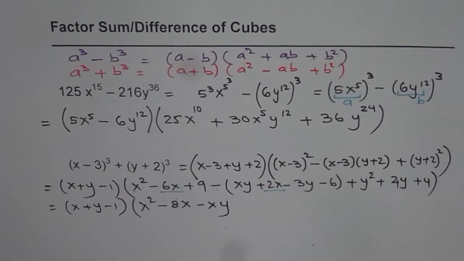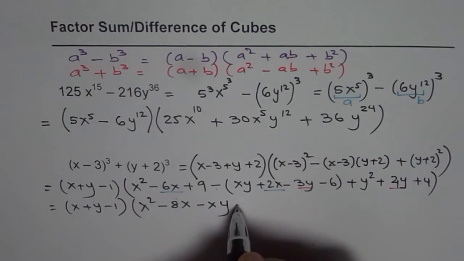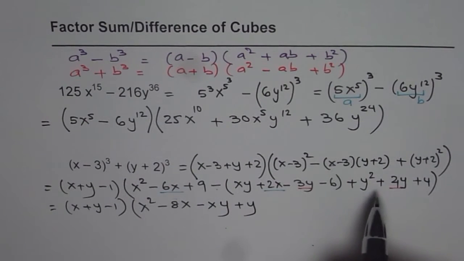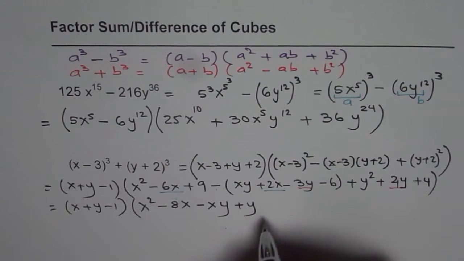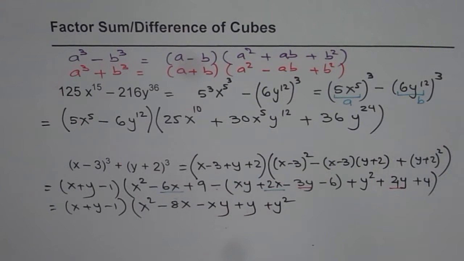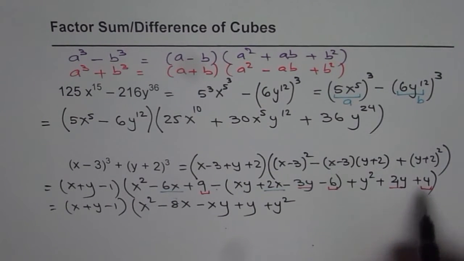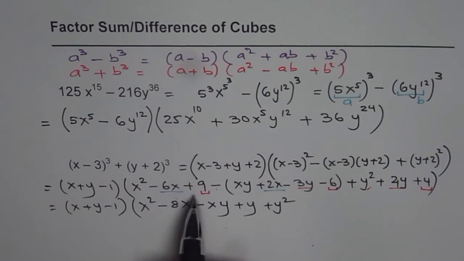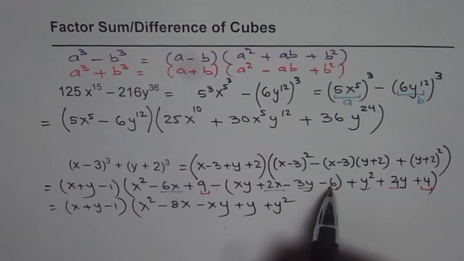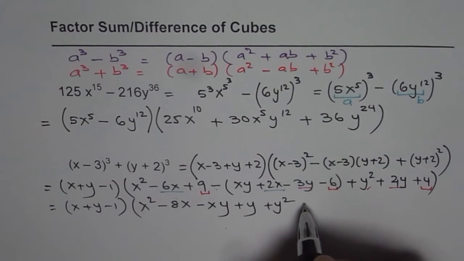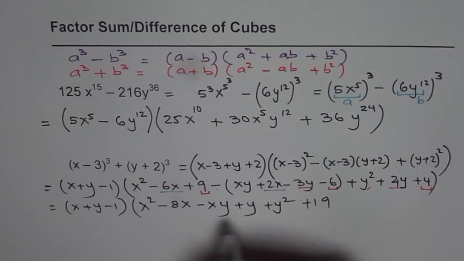So we have minus 3y, and plus 4y. Let's look for y squared. Y squared is just 1 times y squared. The constants: we have 9 plus 6 plus 4. Plus 9 plus 6 is 15, 15 plus 4 is 19, right? 19.